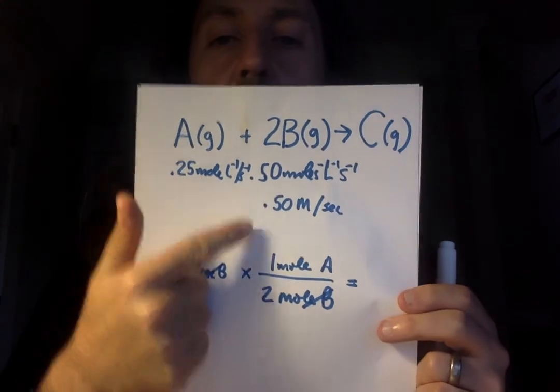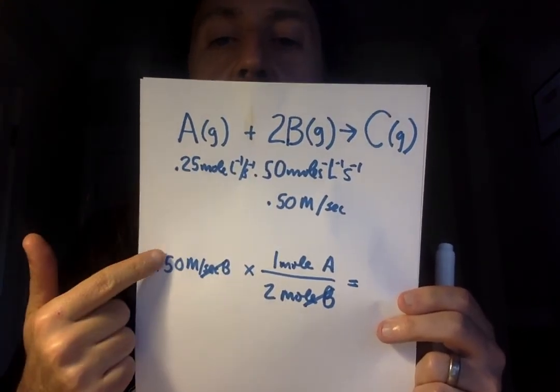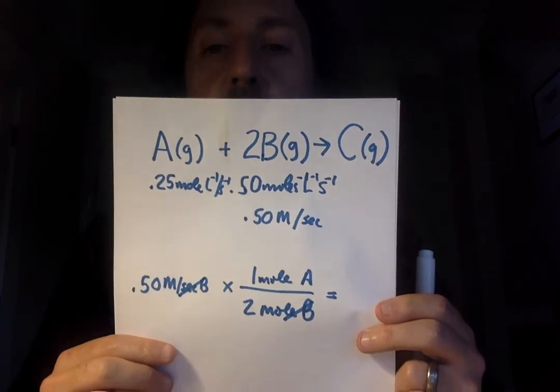But another way we could look at it is I take the 0.5 molar per second of B, and I want to switch that into A, 1 mole of A, 2 moles of B, like that, because I have 1A for every 2B, and so the answer would be 0.25 molarity per second. So that's the first part. It's not that bad.